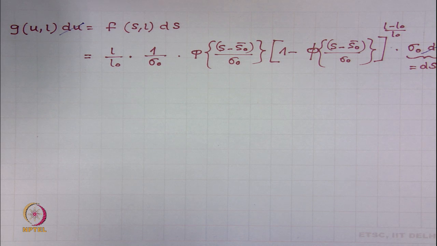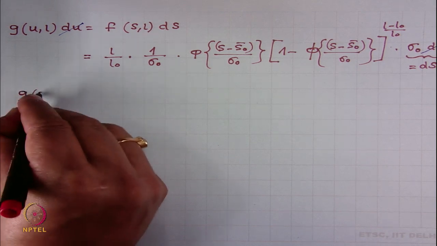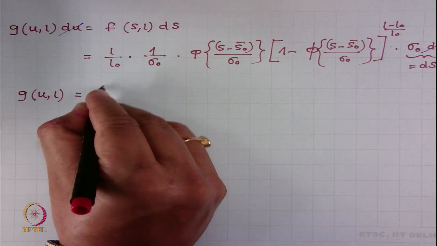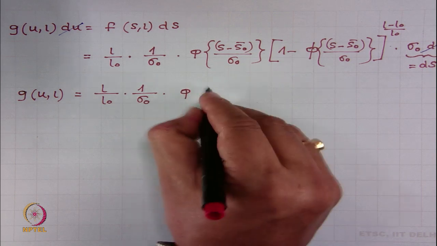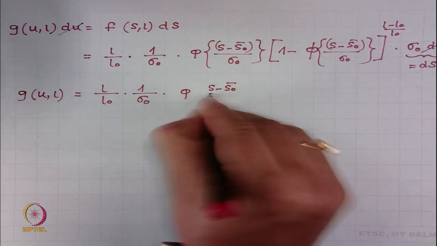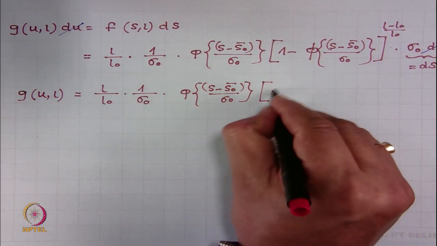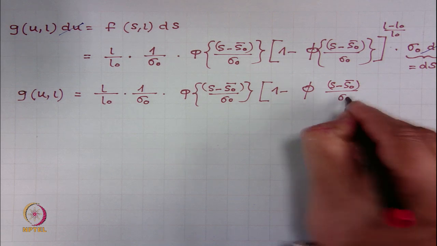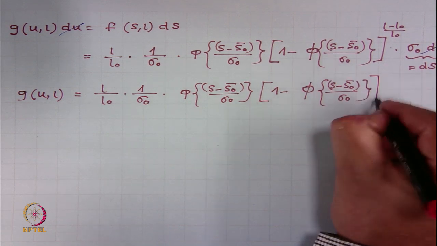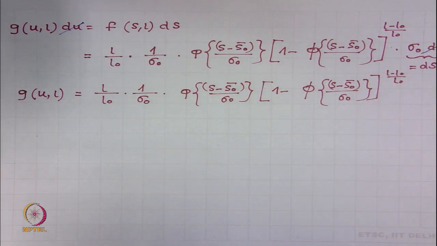What we obtain is an expression for the PDF of U: g U L is equal to L by L naught, 1 by sigma naught, phi of (S minus S naught by sigma naught), into 1 minus uppercase phi, to the power (L minus L naught) by L naught.